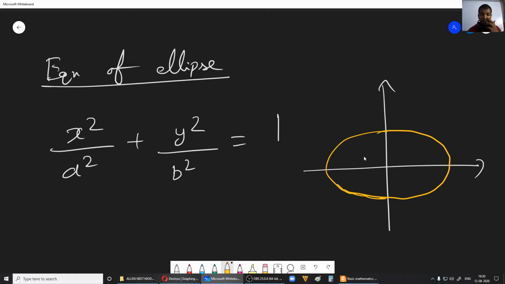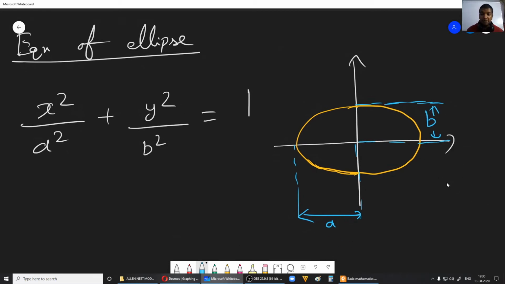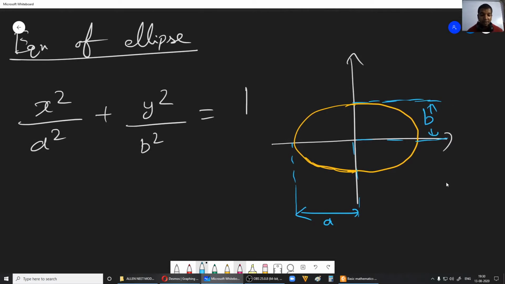Now what do A and B mean? A stands for this length. Can we call it the radius? No, we cannot call it the radius, because radius is called only for a circle. This length represents B. Now how are these two lengths A and B related? It's easy.